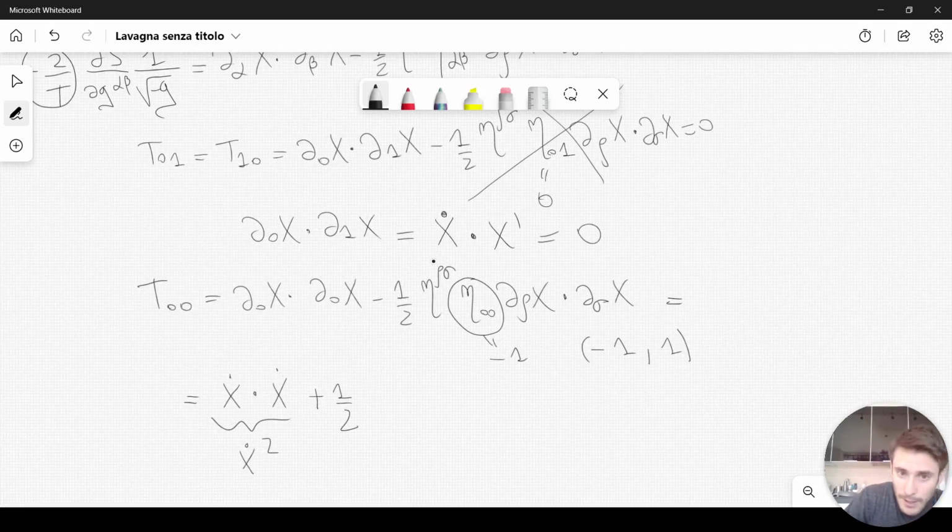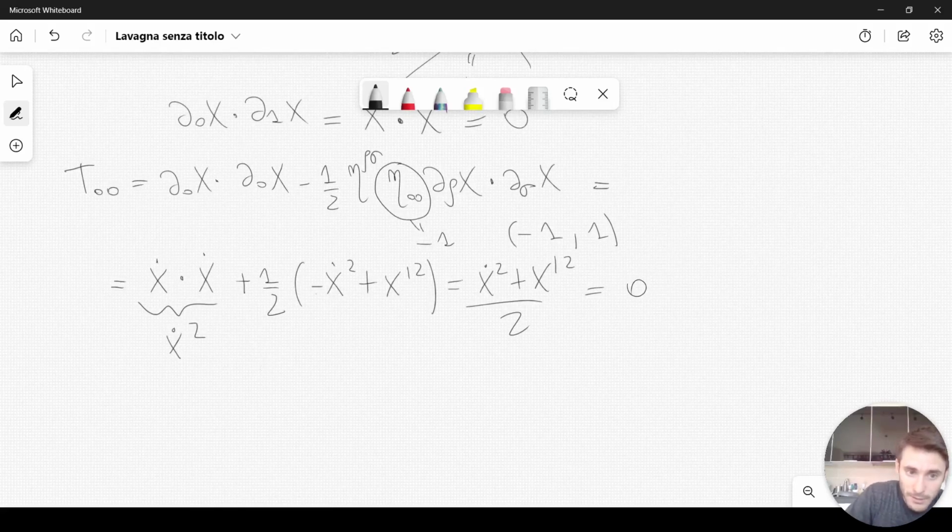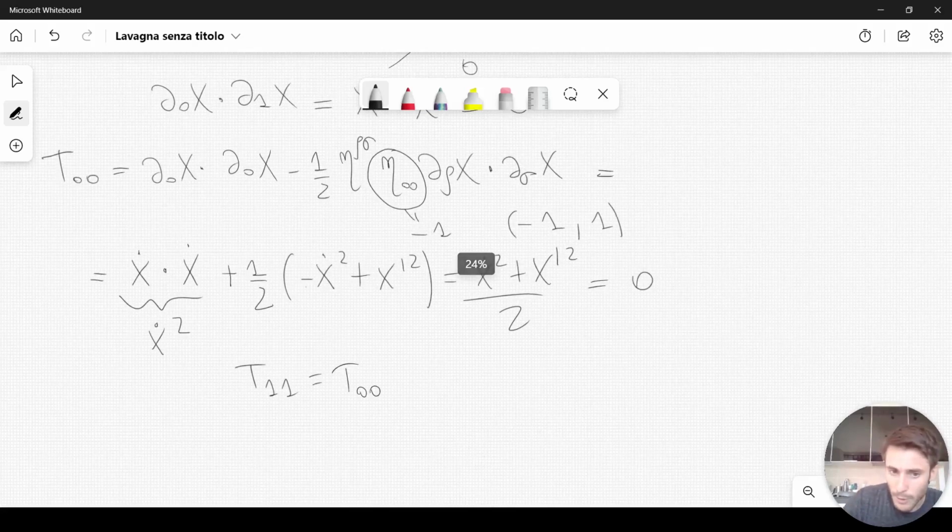And then we have η_{ρσ} times this, and we can rewrite that as −Ẋ² + X′². And of course, this is equal to (Ẋ² + X′²)/2, and we have to set it equal to 0. It's also easy to check that T_{11} is equal to T_{00}. And this is where we'll stop for this lecture.